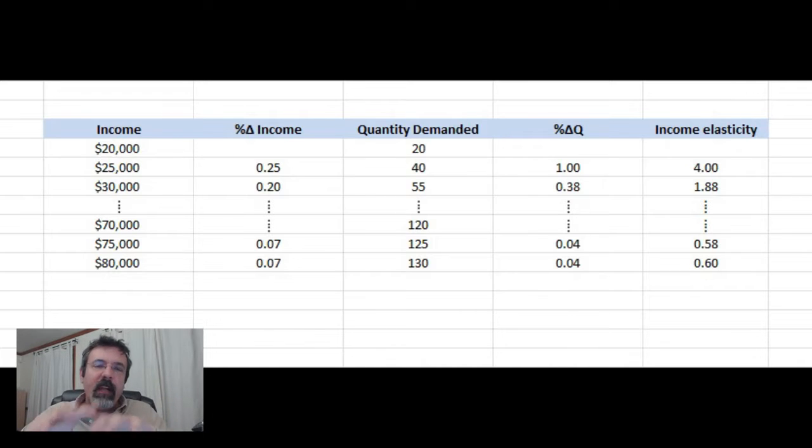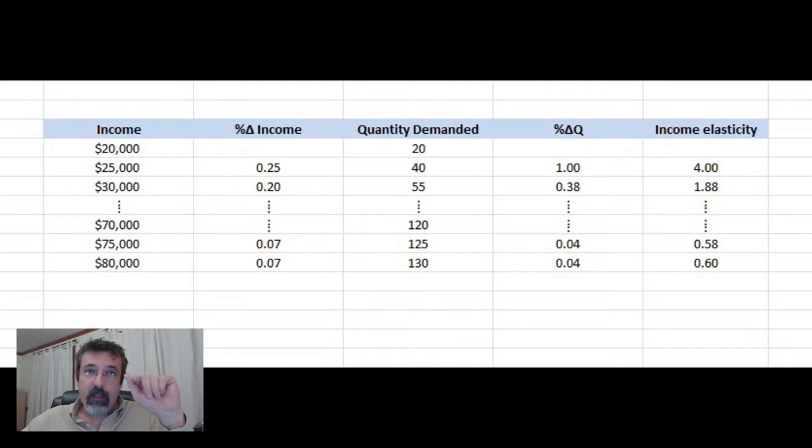So we can do the same kind of thing we did before. Go through those income levels and calculate the percentage change in income. So for example, as you go from an income of $20,000 to an income of $25,000, the income rises by 25%. As you go from $25,000 to $30,000, the income's rising by 20%, and it goes on all the way down. Do the same thing with quantity demanded.